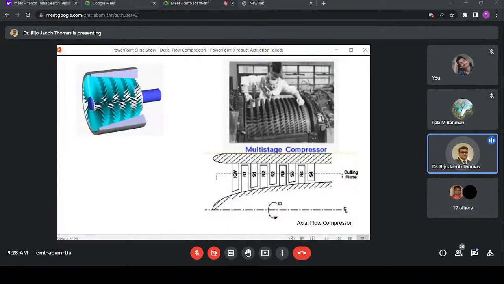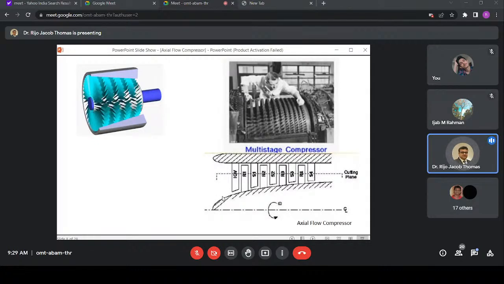But interestingly, you can see that the center part of this drum is actually increasing in size when it goes from inlet to outlet. Say for example here, this is the diameter of the drum. When it goes to this part, the diameter increases. So what actually happens is the space decreases. So this actually makes the velocity constant.